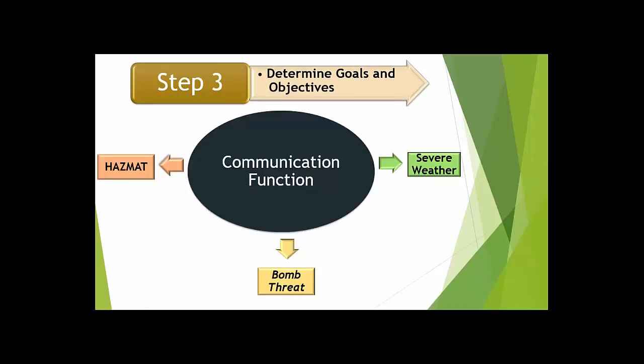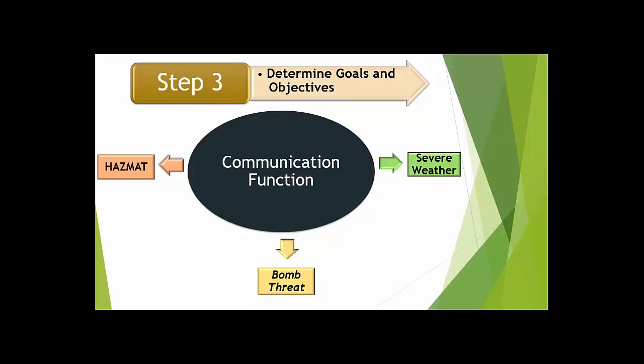After the teams finish compiling the objectives for the prioritized threats and hazards, they'll find that certain critical functions or activities apply to more than one threat or hazard. So for example, these cross-cutting functions might include evacuation, shelter in place, providing medical care, and communicating with school staff, students, families, and the general public.